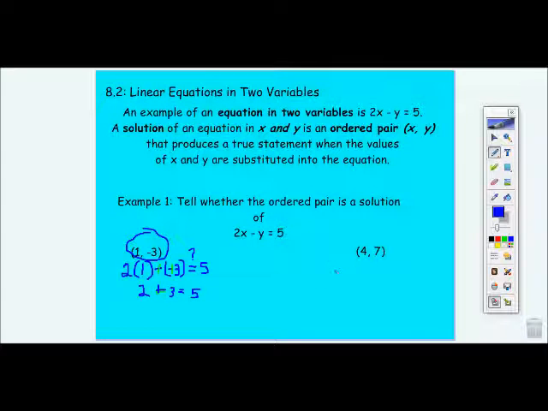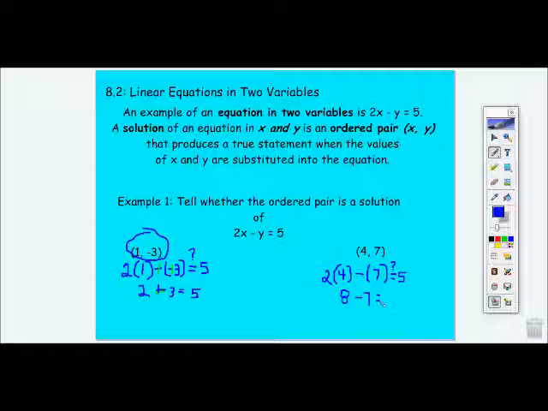All right, let's try the next one. 2, substitute in my x, which is the first coordinate point, 2 times 4. Again, subtract our y, which is just 7. And does that equal 5? All right, let's multiply it out. 8 minus 7, because negative times the 7 is minus 7.